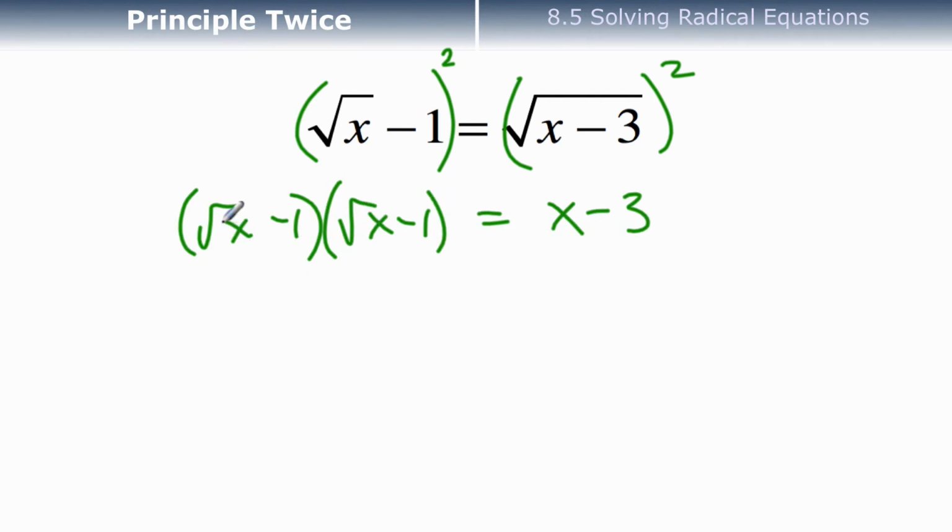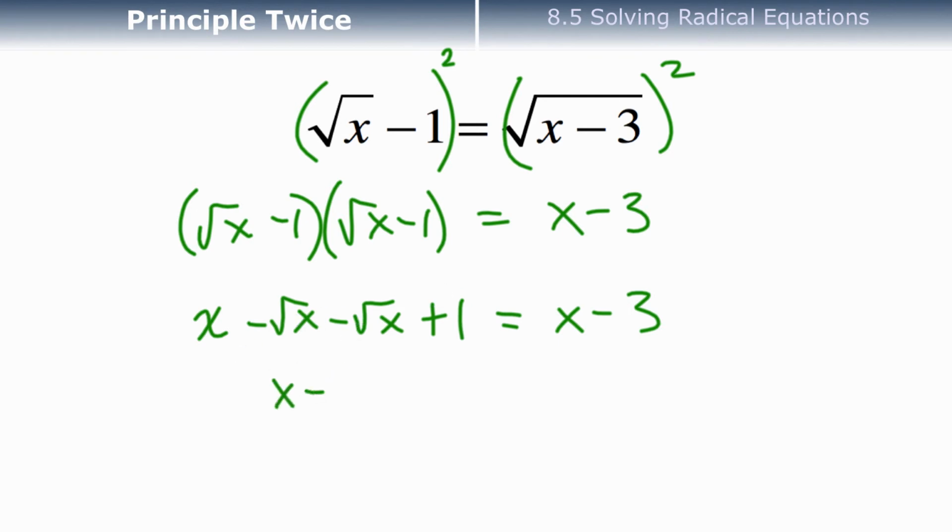When I FOIL, root of x times root of x is just x. Root of x times minus 1 is a minus root x, and then another minus root x, and a plus 1 equals x minus 3. So this will be x minus 2 root x plus 1 equals x minus 3.